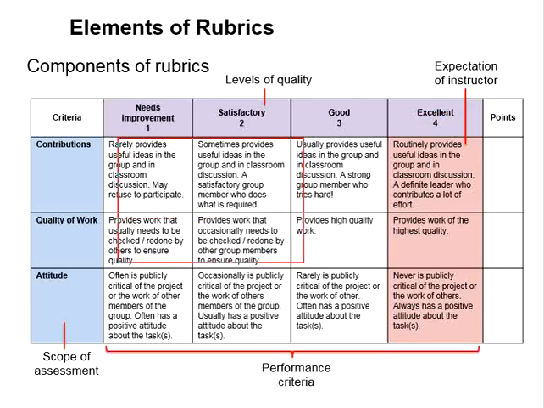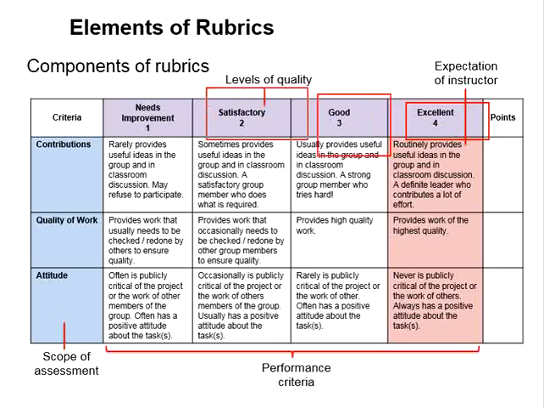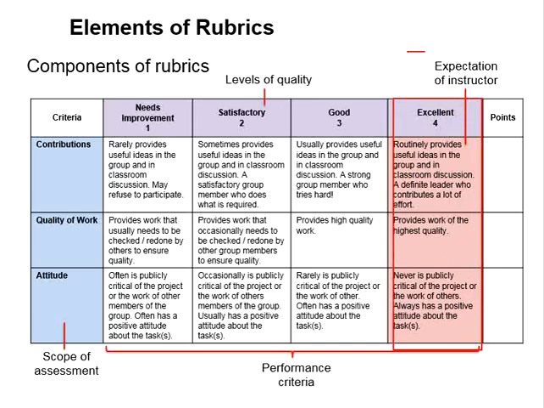There are descriptions for different levels of different criteria. These are the performance criteria. The performance criteria will clearly outline the characteristics that qualify the different levels of quality, and the highest level of quality will set the expectations of the instructor.